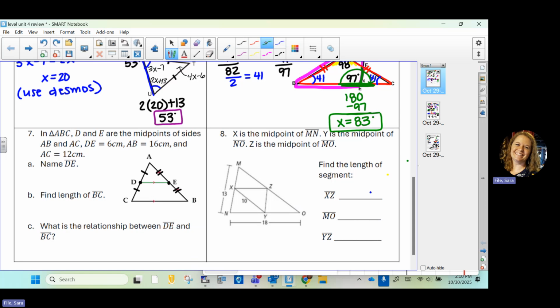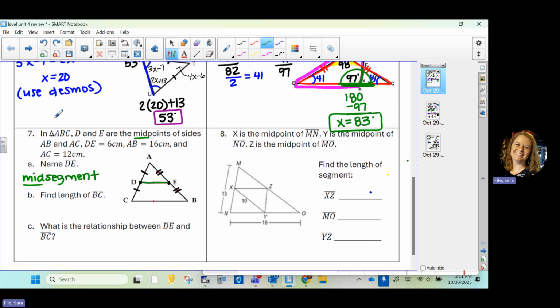When you connect 2 midpoints, you have drawn a mid segment. So DE is a mid segment. Midpoint to midpoint is mid segment. Okay, connecting 2 midpoints is a mid segment.